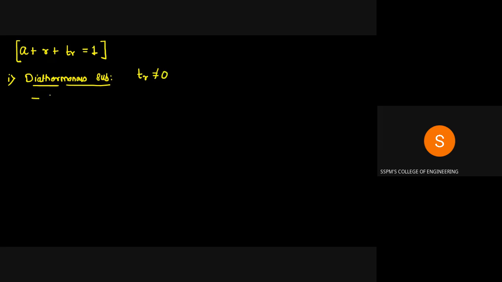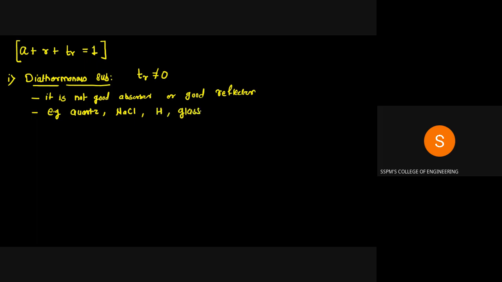So it is not a good absorber or a good reflector. So some amount of heat will be absorbed, some amount of heat will be reflected, and some will be transmitted. Okay. So in this we have substances like quartz crystal, then sodium chloride, normal salt, then hydrogen, and the glass. Okay, so these are some examples of the diathermanous substance.